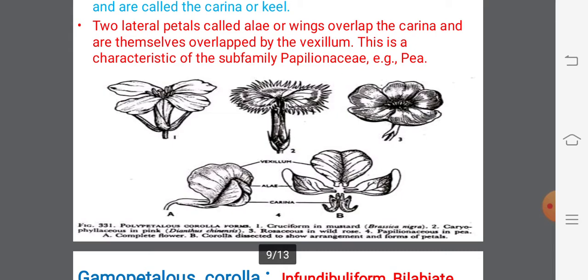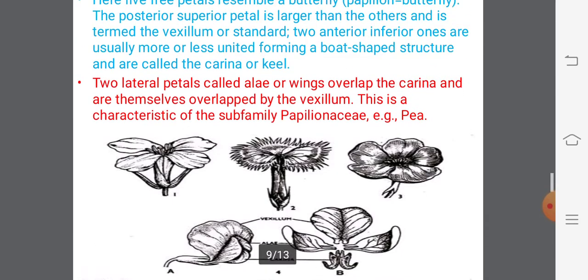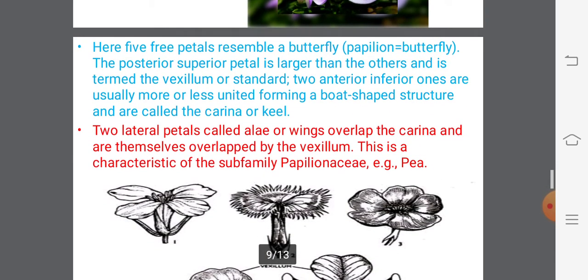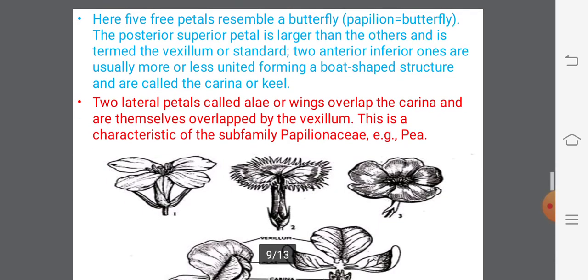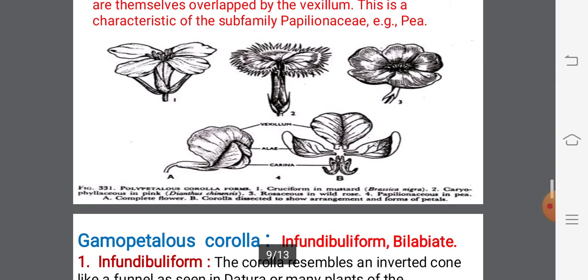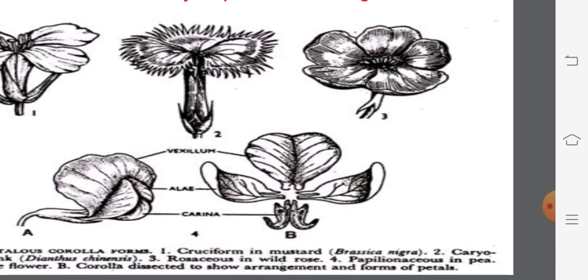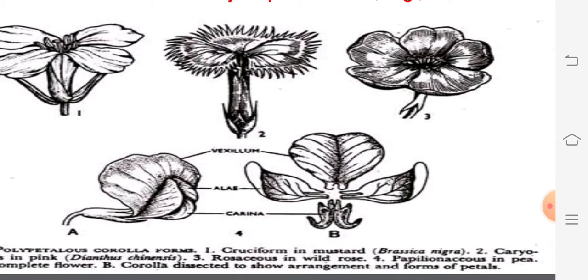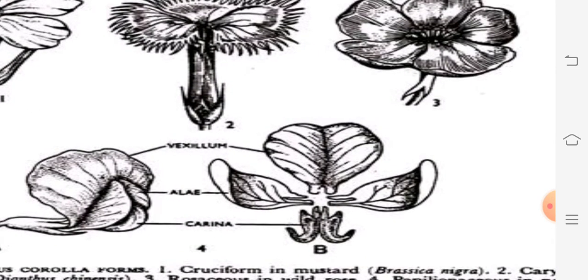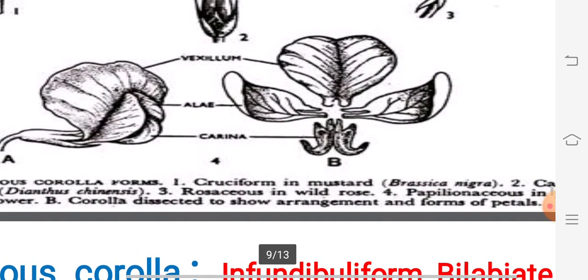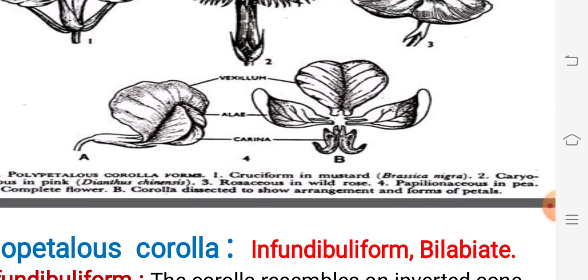There are two lateral petals inside this, called the wings, and inner to them are the keels. Observe that the aestivation is important. The larger is the vexillum or standard, the alae or wings are next, and inside are the keels. Remember this diagram and draw it properly.